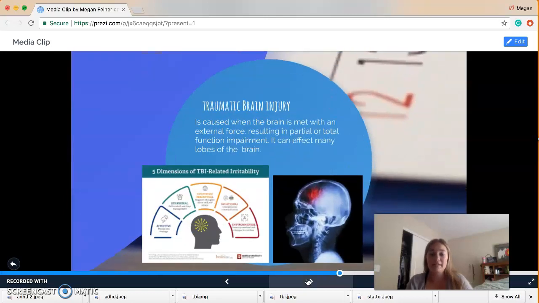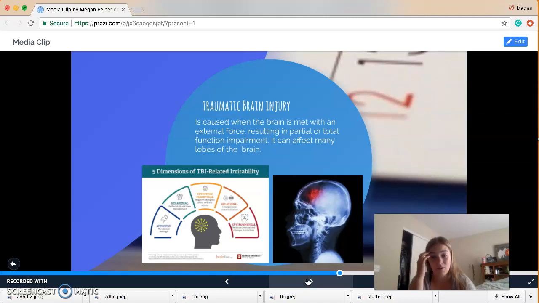Traumatic brain injury is the last one I want to talk about, and it affects a lot of students, whether it be a concussion or a serious brain injury caused by blunt force trauma. It usually impairs multiple lobes or one lobe. It can also cause environmental issues, difficulty building relationships with others, cognitive and perceptual issues, and behavioral issues.